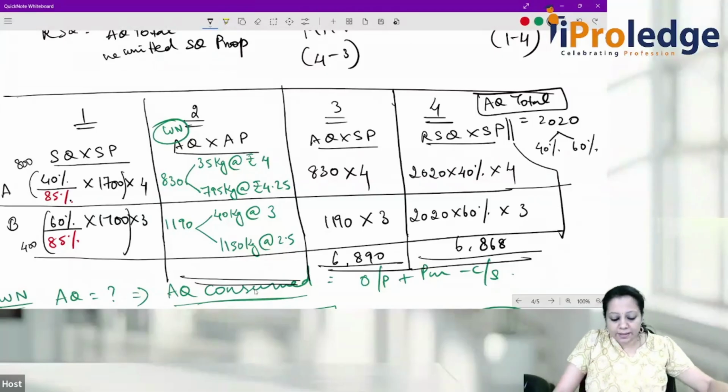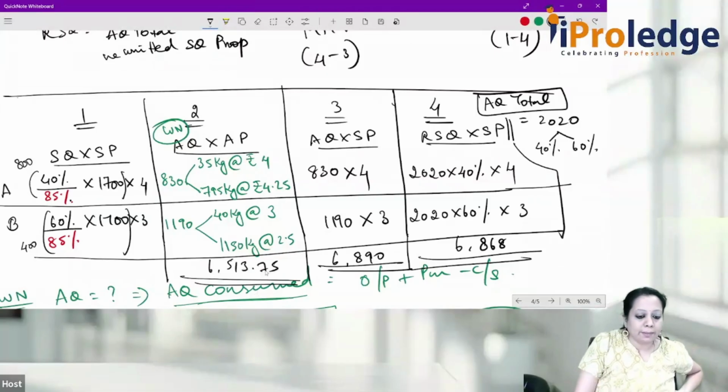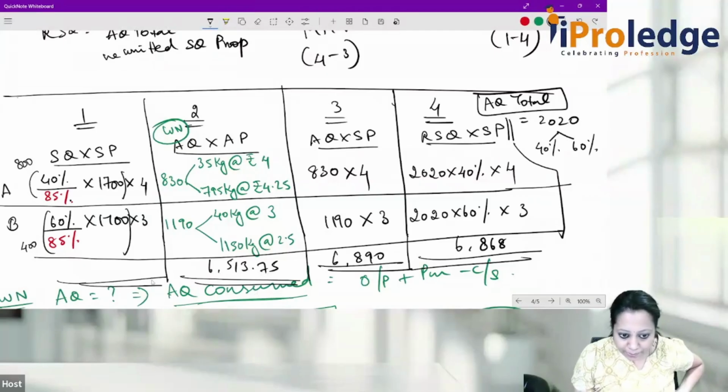Are we getting 6513.75? Please use the calculator memory. So 800 into 4 is 6,000.